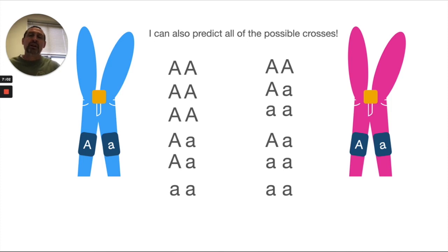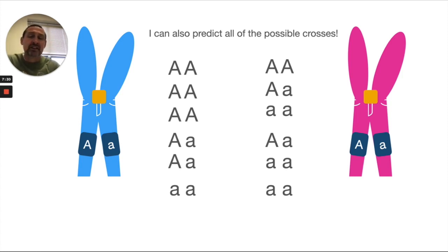Knowing that, we can figure out the 6 possible combinations between the two. The guy could have big A, the girl could have big A, big A. The guy could have big A, and the girl could have big A, little a. And you can see those 6 possible combinations here. What's more interesting, though, is knowing those 6 combinations, we can predict all of the possible crosses and all of the possible outcomes.